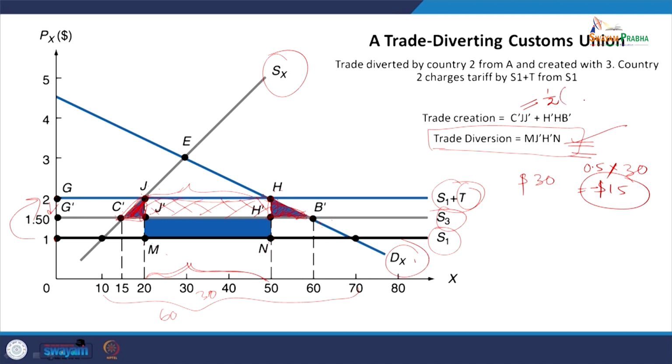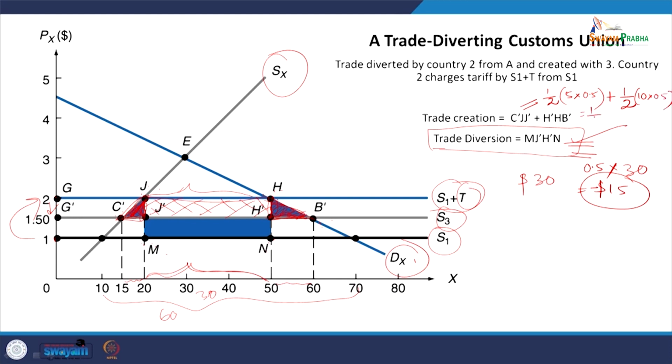what is that? Half of this triangle area, 15 to 20, that is 5, into the vertical distance, 1.5 to 2, which is 0.5, plus half of another triangle. This distance is 50 to 60, that is 10, into the vertical distance of 0.5.